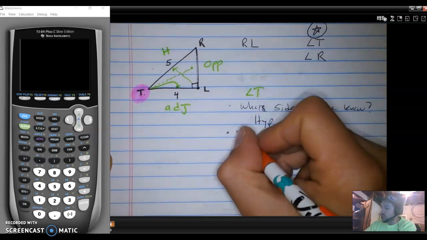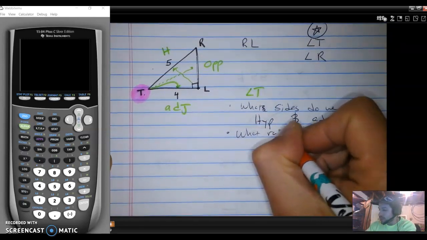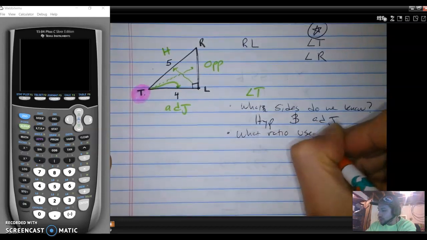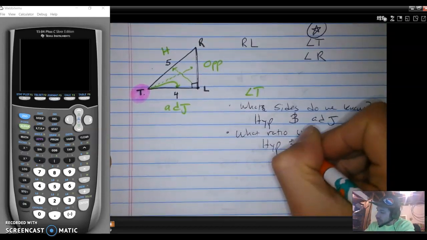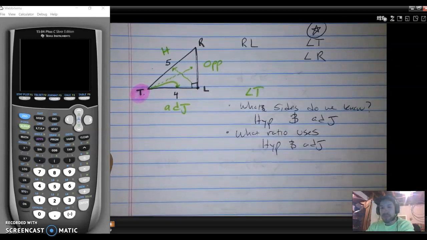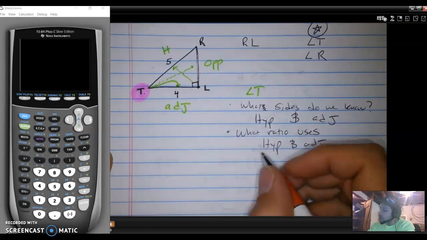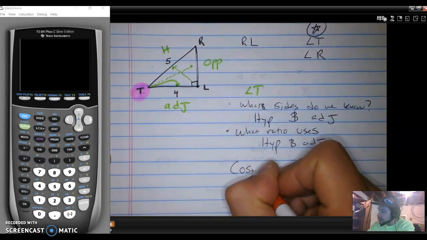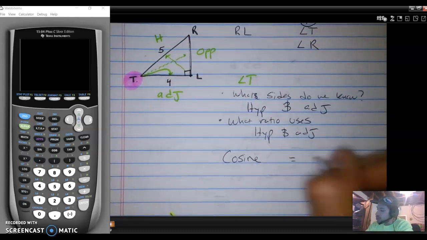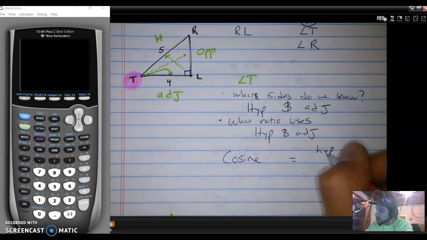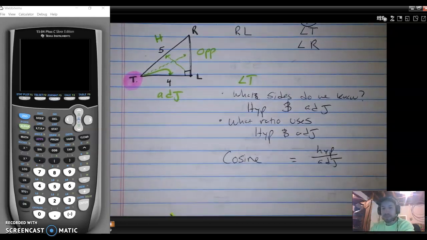The next question is, what ratio uses hypotenuse and adjacent? That would be cosine. Cosine is equal to adjacent over hypotenuse.